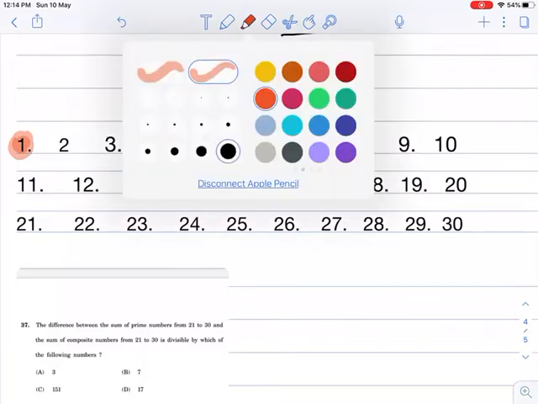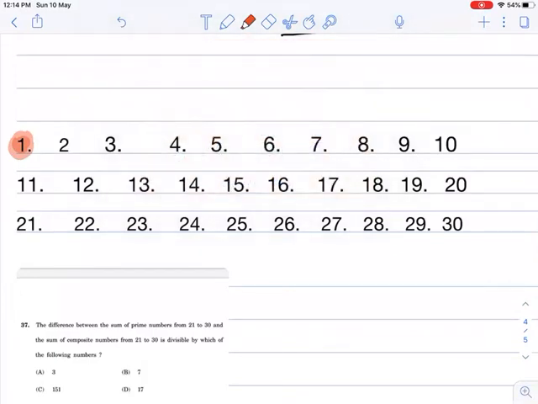Now we can think about 2. See this 2. 2 is divisible only by 2. It is not divisible by any other number. So 2 is a prime number. Now 3 is divisible by 3. So therefore 3 is also a prime number.